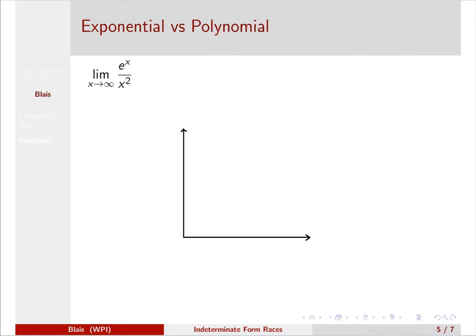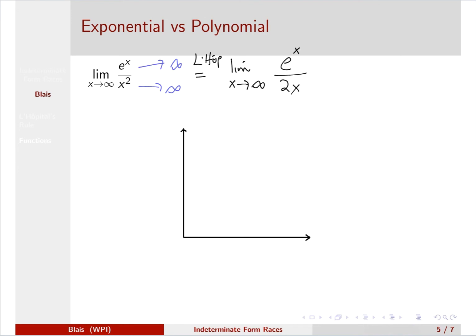Then let's pair the exponential and the polynomial. Again, we know the numerator is approaching infinity, as is the denominator. And so we can use L'Hopital's rule to say this is the limit as x goes to infinity. The derivative of e to the x with respect to x is e to the x. The derivative of x squared with respect to x is 2x.